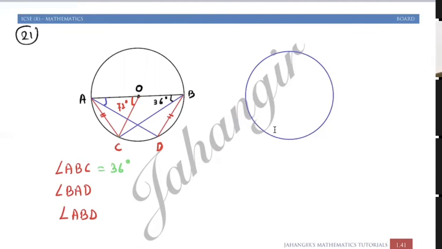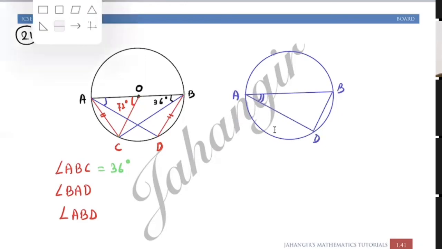If you have a chord BD, the angle formed in chord BD is this angle. Okay. Now we have AC. The angle formed in chord AC is this angle.